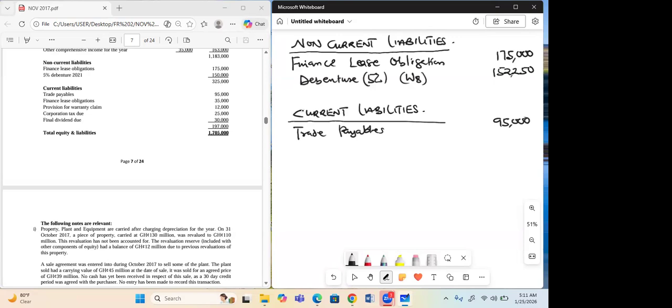Finance lease obligations, 35,000. Yes. Provision for warranty. We did a working on it.